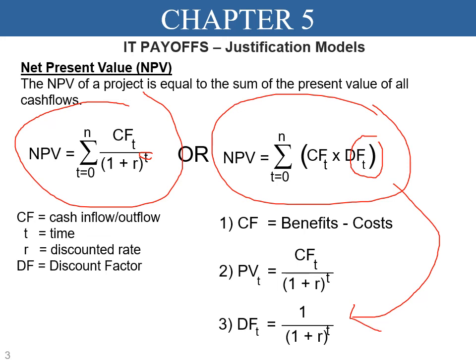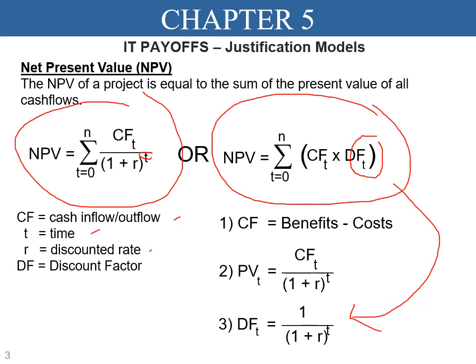I think you are familiar with this kind of formula. Cash flow is basically the net cash flow. It's derived from total benefits minus total cost. t is time, usually we use yearly. r is the discount rate.